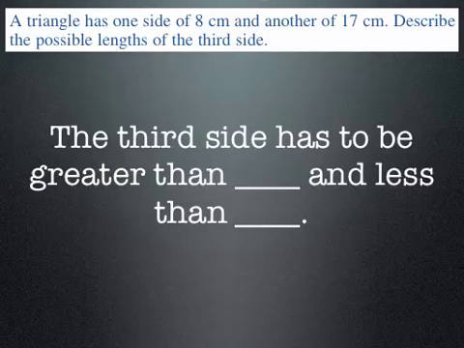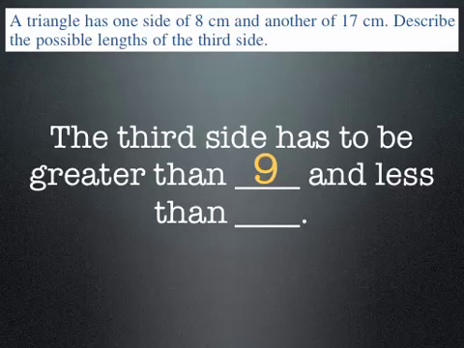Whatever we choose for my third side, 8 plus that number has to be greater than 17. So what number plus 8 would be greater than 17? It would be any number greater than 9, because 8 plus 9 is 17. We need it to be greater than 17, so it can't be 9, but it could be anything over 9.